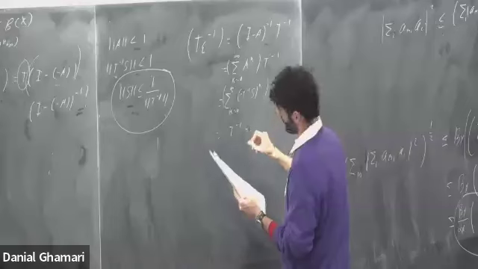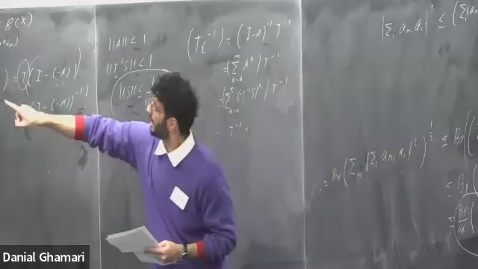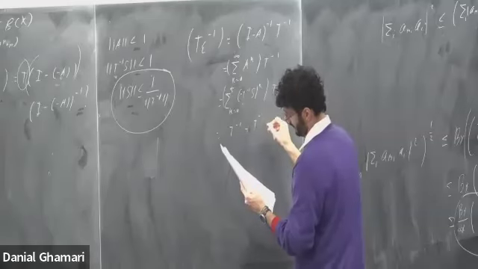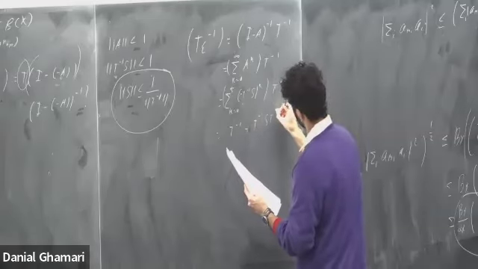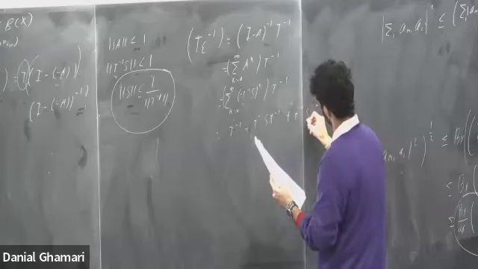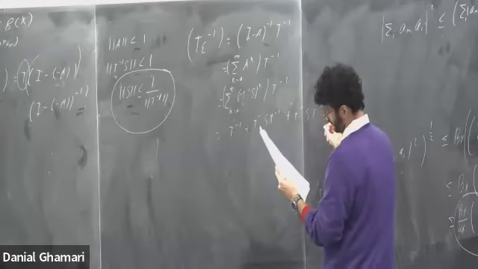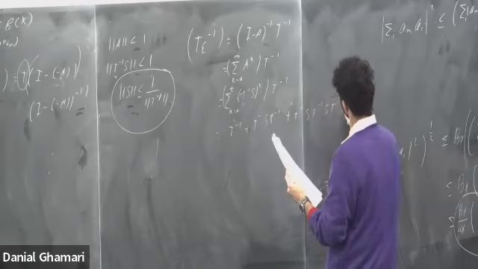Plus, minus, sorry, I need the minus sign right here. Minus T inverse S T inverse. And then plus T inverse S T inverse S T inverse, plus blah blah blah.